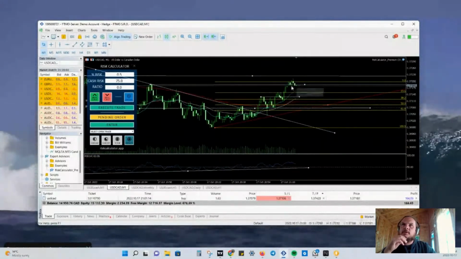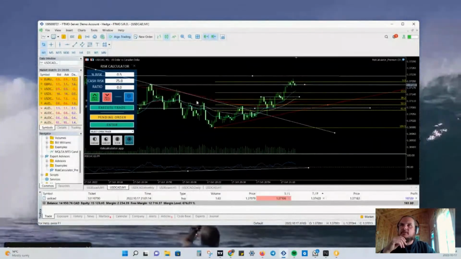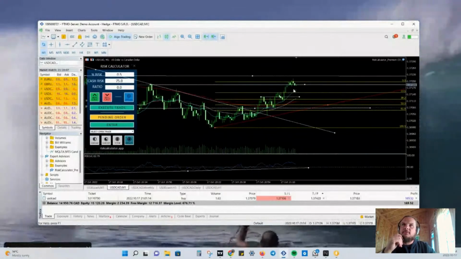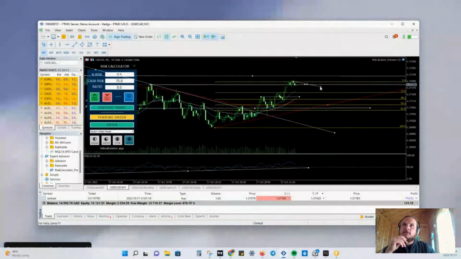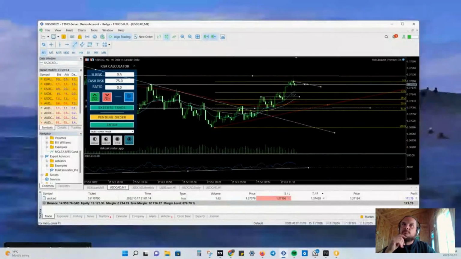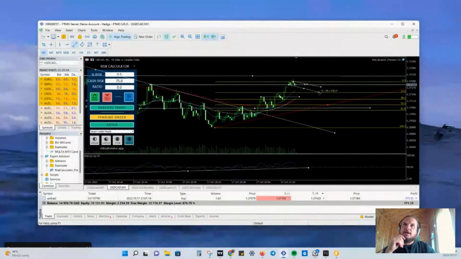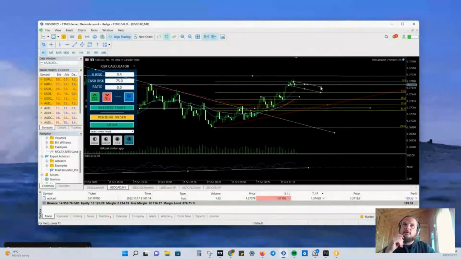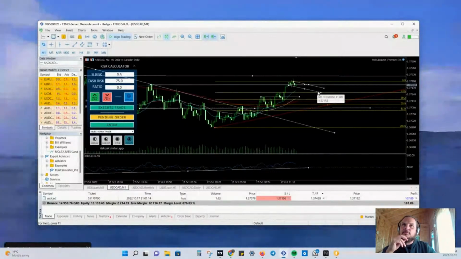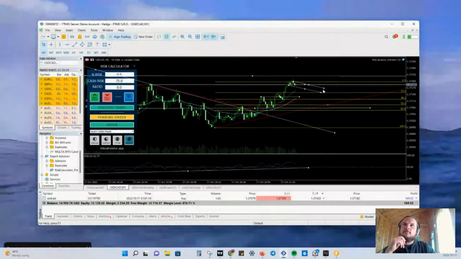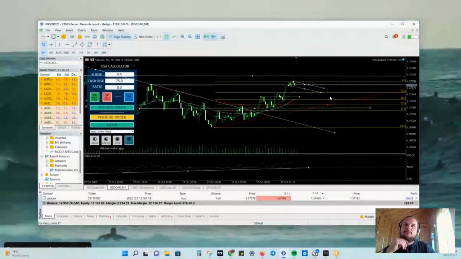What's happening here? We might get a little flag. These are peaks, but price definitely can flag. Should look something like this. Flag all the way up to the 236, which could be a bounce off the 50.